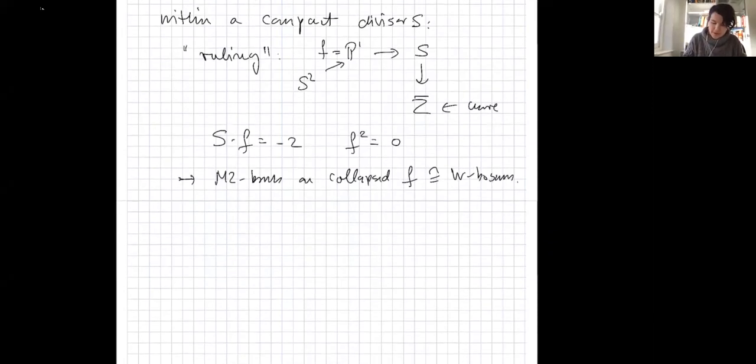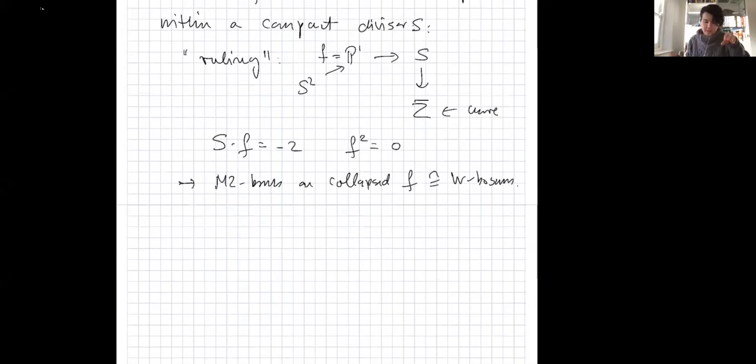And if you now have, so this was just for one particular compact surface, if you now have multiple of them that intersect in a pattern that is, say, for example, an ADE Dynkin diagram, then that actually gives you a full set of A or D or E type singularities over the curve Sigma. And so we get an ADE worth of P1s, and as we collapse these, the M2 branes become light and then furnish the W bosons for the ADE Lie algebra.